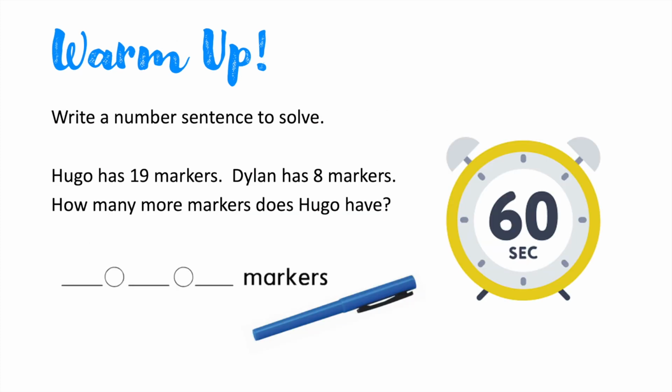All right, boys and girls, this is our warm up. You have 60 seconds to write a number sentence to solve the problem. The problem says Hugo has 19 markers, Dylan has 8 markers.